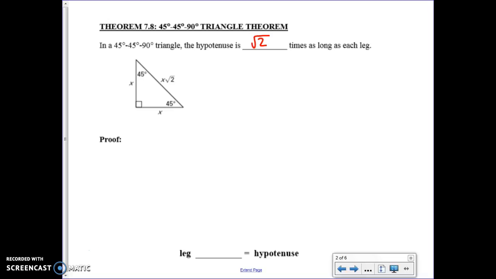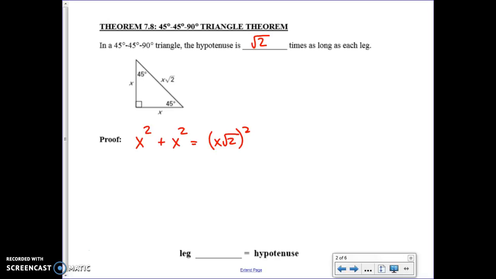If we use what we know to solve for side lengths, x squared plus x squared equals x radical 2 squared. That should look familiar to you. That's a squared plus b squared equals c squared with our given triangle values of x.